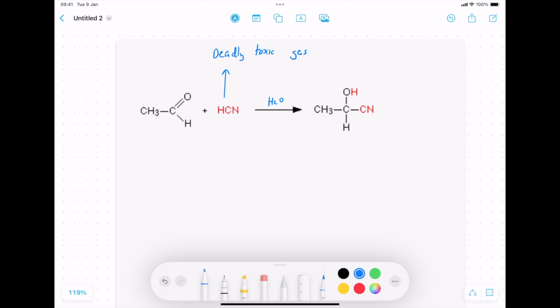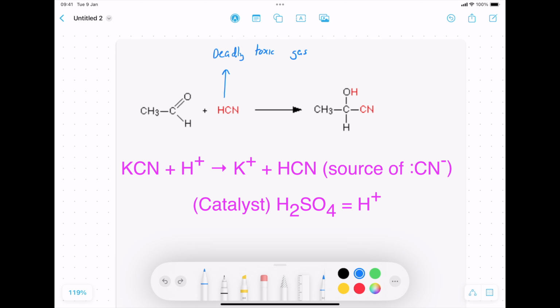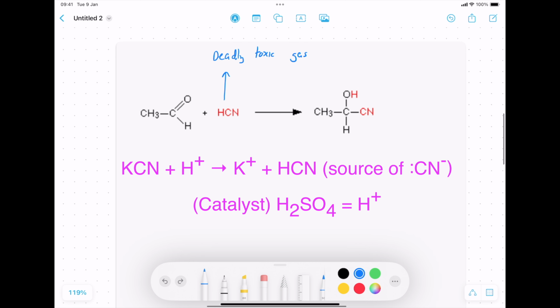The reason for this is often KCN, so potassium cyanide or sodium cyanide, is used in conjunction with acid. And then what that does is it generates HCN during the reaction. But the whole point is to produce the cyanide nucleophile in high enough concentration so it can attack the carbonyl, the dipoles I'm marking out here.